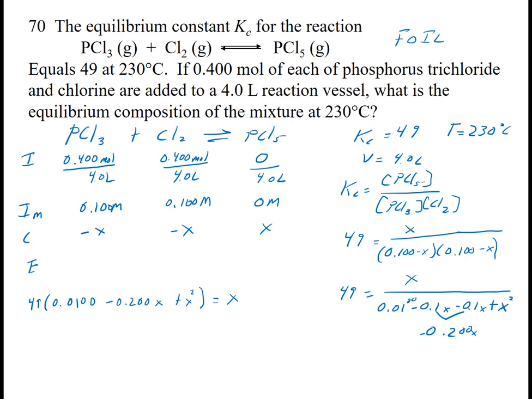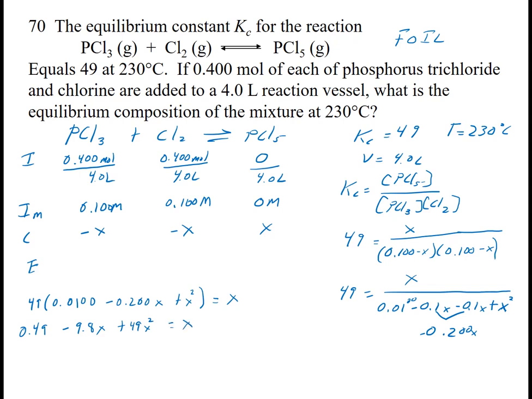Now I do a distribution of 49, so I get 0.49 minus 9.8x plus 49x squared. And I'm trying to get to ax squared plus or minus bx plus or minus c. And this is equal to x.